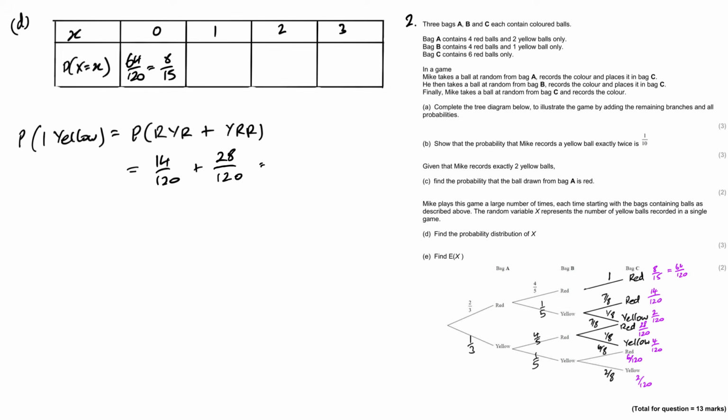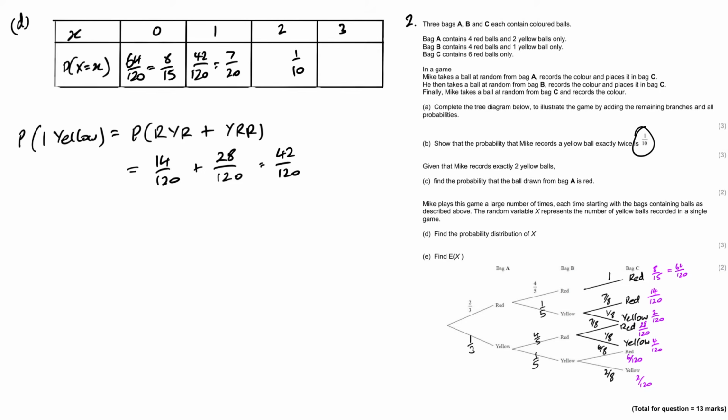So you can see that gives me 42 over 120, which will simplify to 7 over 20.